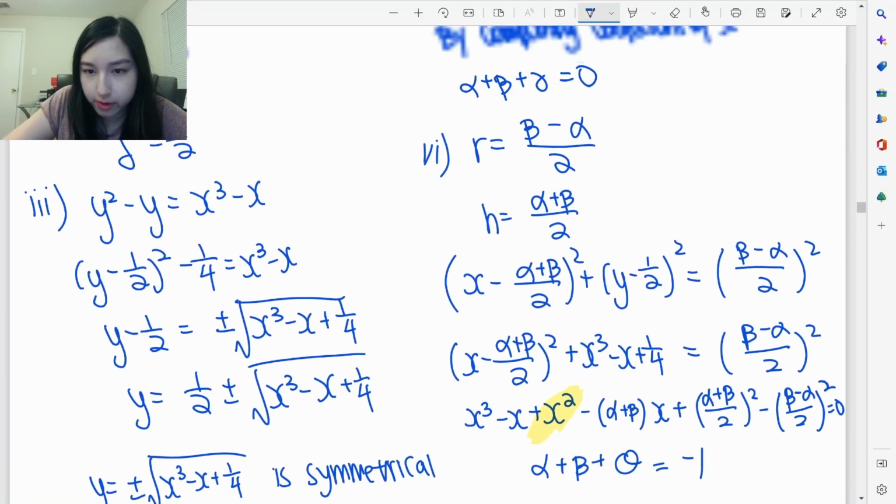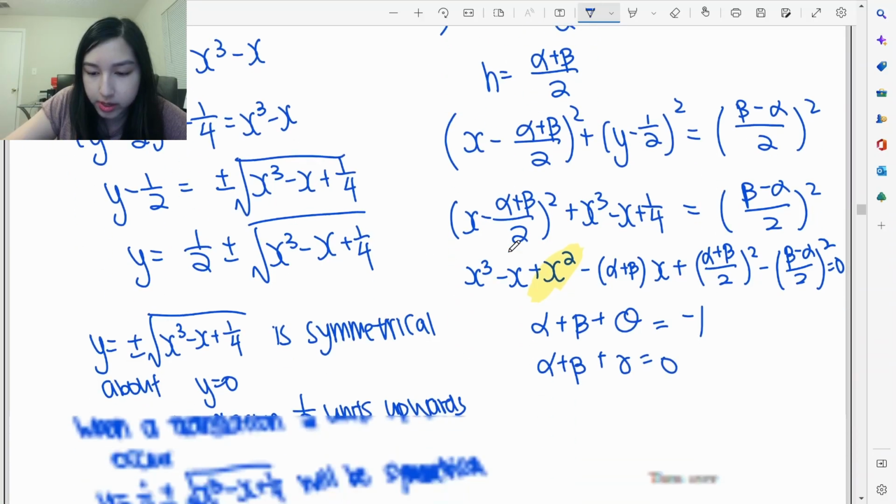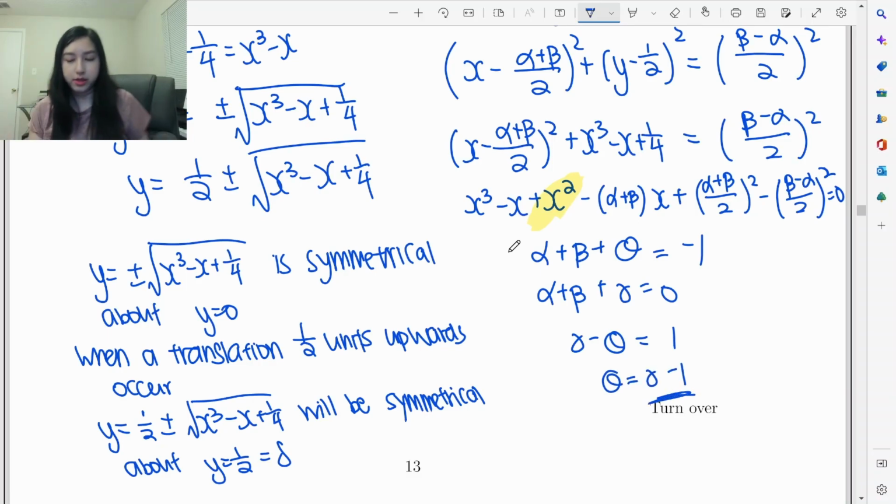So alpha plus beta plus theta equals minus 1, and we also know alpha plus beta plus gamma equals 0. So if we subtract these two, gamma minus theta equals 1. Theta equals gamma minus 1. That's it. That's how we would show our answer.